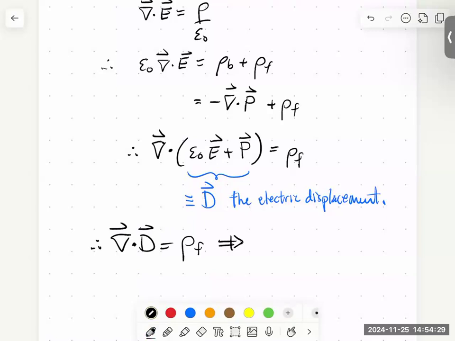And if we wanted to, we could integrate both sides over some volume. We could apply the divergence theorem, and we could write down an integral form of this equation, and it would look just similar to Gauss's law in free space.